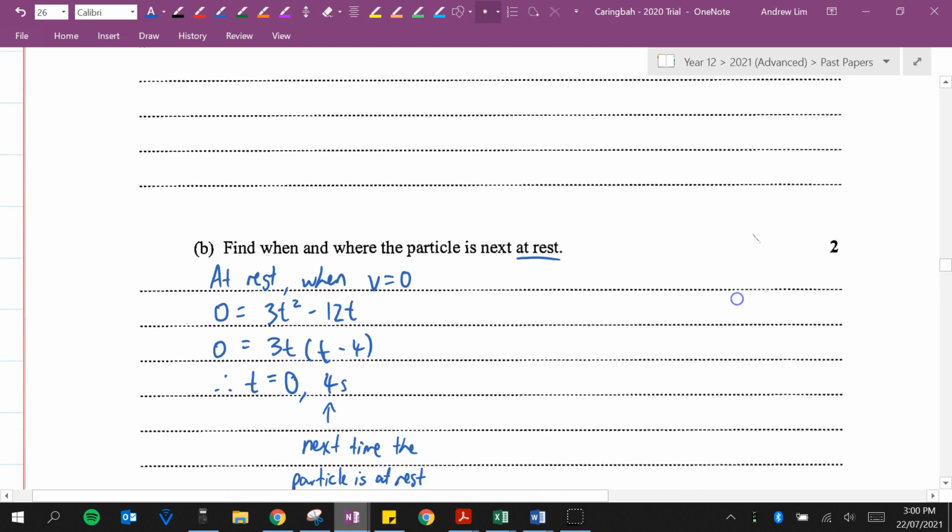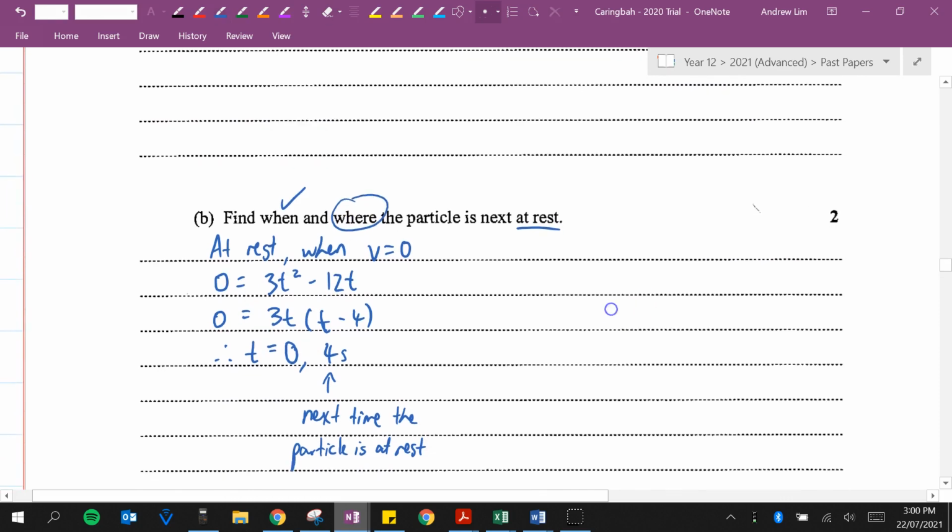And so we found when it's at rest, but where is the particle? Okay, that's what we actually need to work out as well. So when t is equal to 4, where is it? What is this displacement?